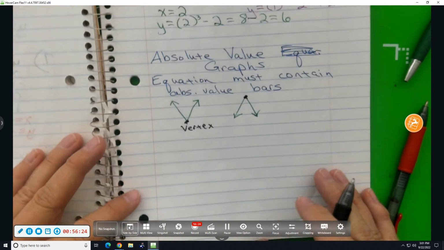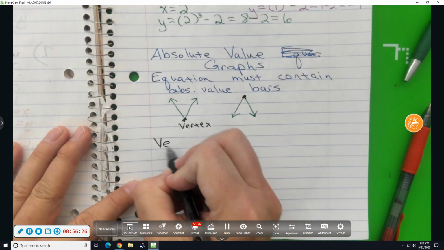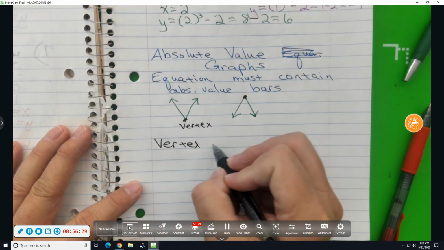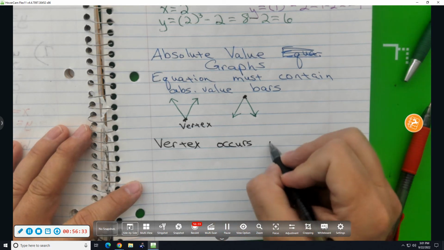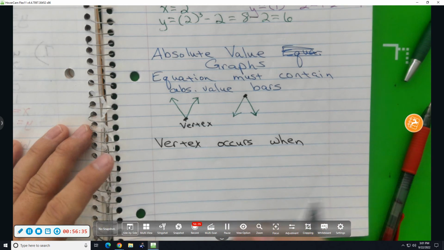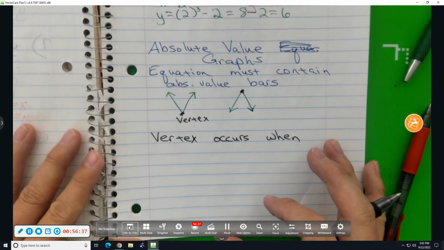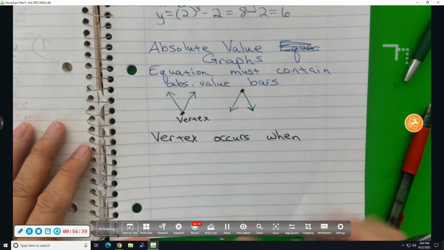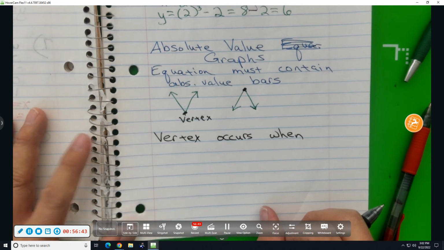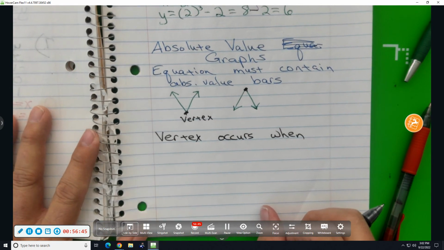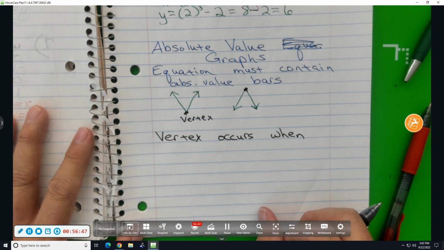I'll say the vertex occurs when, I need to say it a little fancier rather than just saying the vertex occurs when the stuff inside the absolute value bars is equal to 0. You know what?